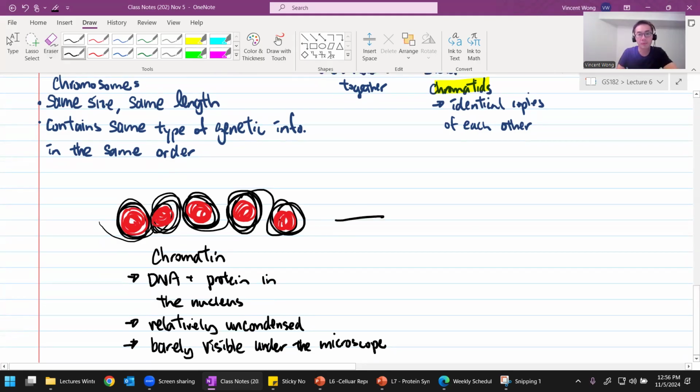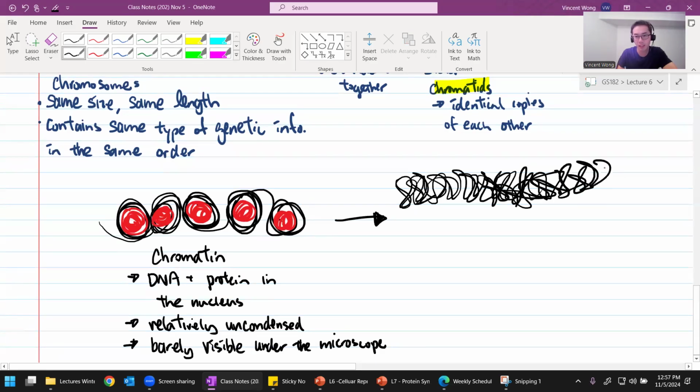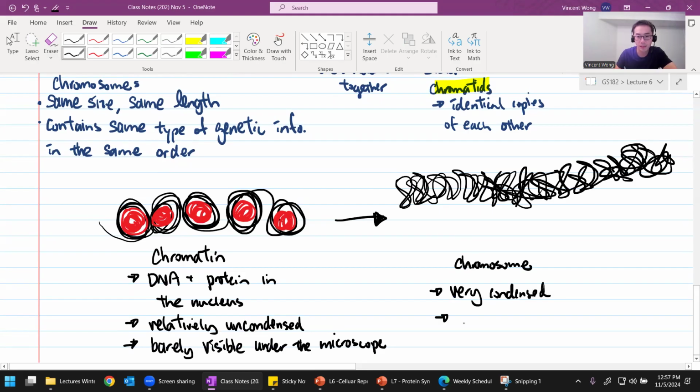And then the chromatin can condense further. We did this before, I don't know if you remember. It really twists itself up, really packages around even more protein. Then you get your chromosome. It's very condensed, visible under the microscope.